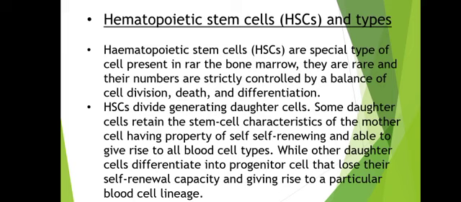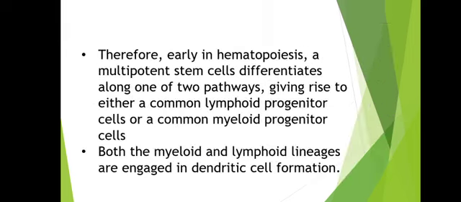Therefore, early in hematopoiesis, a multipotent cell differentiates along one of two pathways, giving rise to either common lymphoid progenitor cells or common myeloid progenitor cells.